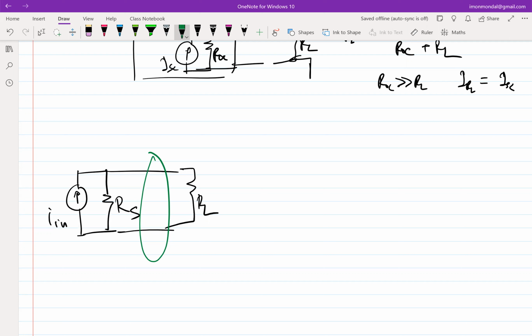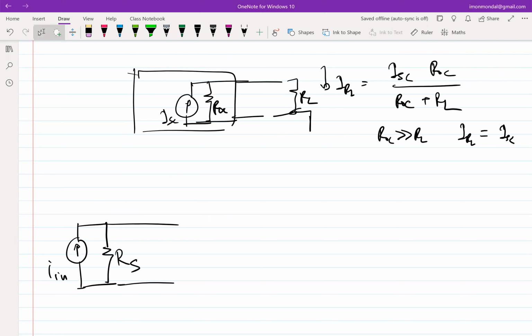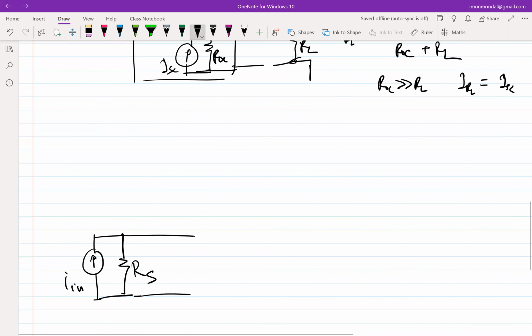Now we want to do the same thing with respect to current, which means we are trying to put a current buffer. So what will be a current buffer? So I have an RL. Looking at the table that we just saw, what do you think?